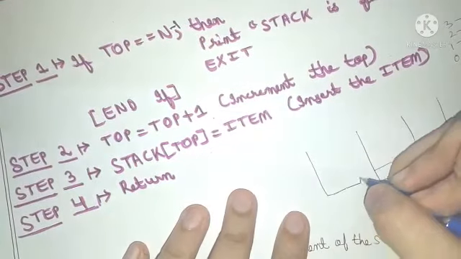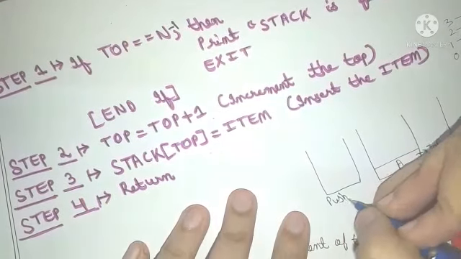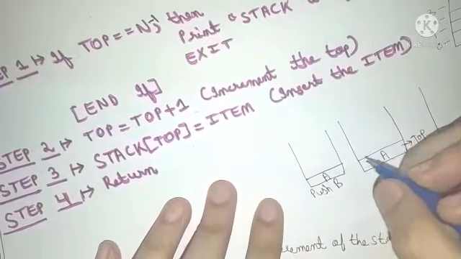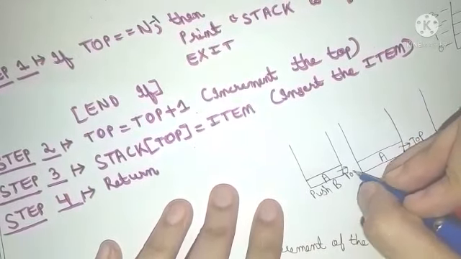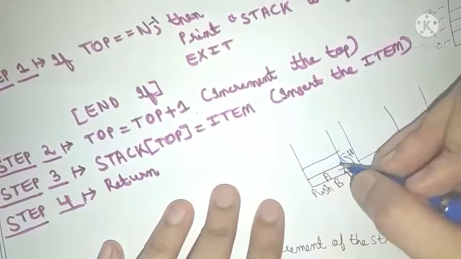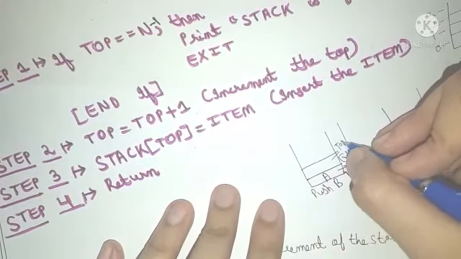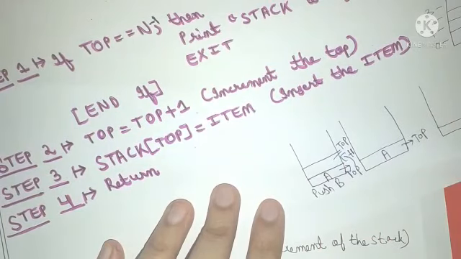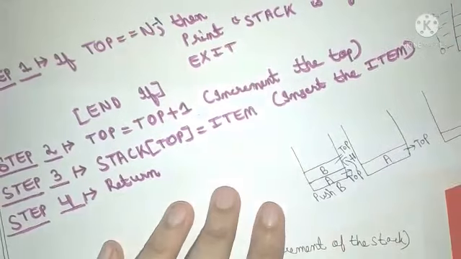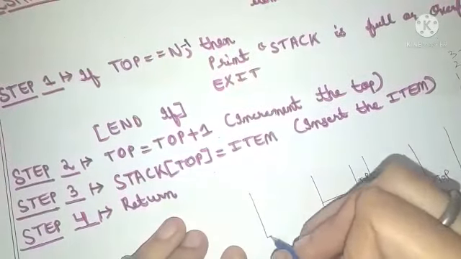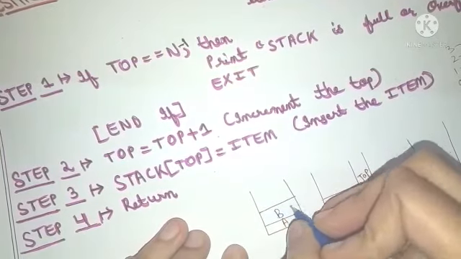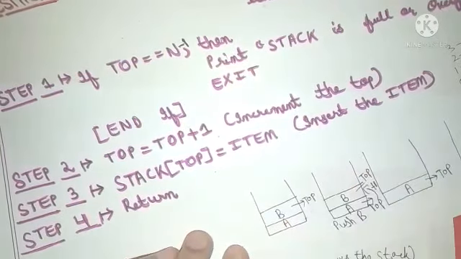Now suppose I want to push B. Top will be incremented by one position, and now the top pointer is pointing over here. To that particular location where the top pointer is pointing, B will be inserted. So now you see that A is here, then B is here, and top is pointing over here.